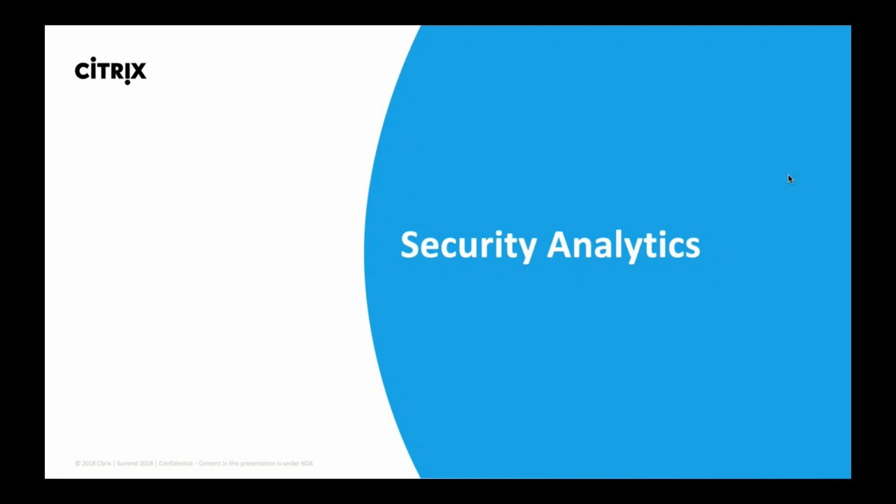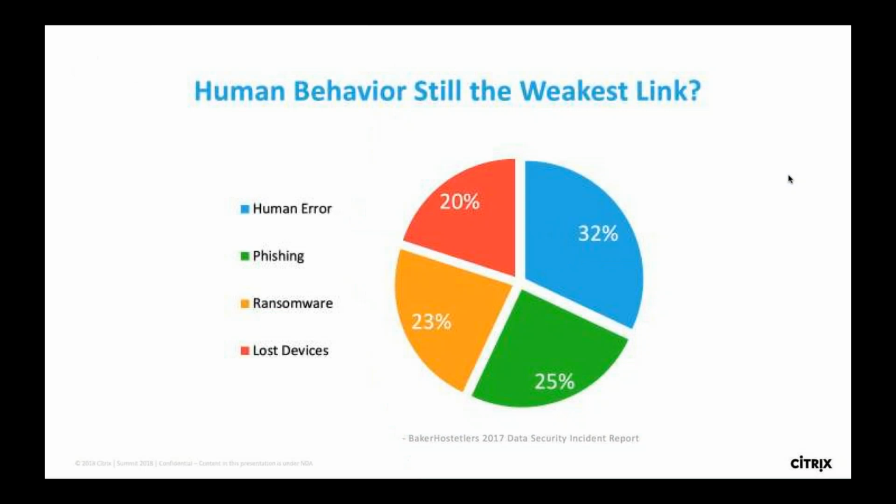Now, let's look at security analytics. This is the first service that we launched late last year. So security analytics was something that we invested in first. The other services that we're working on include performance analytics, which is something that administrators are often more interested in.